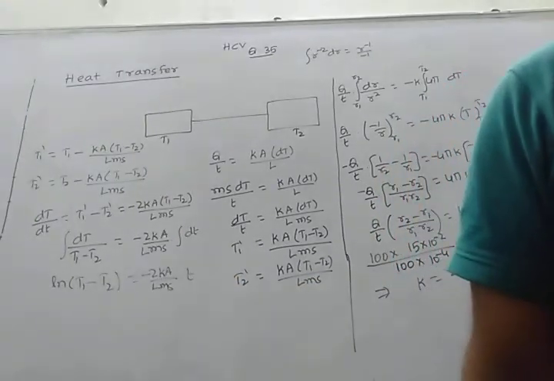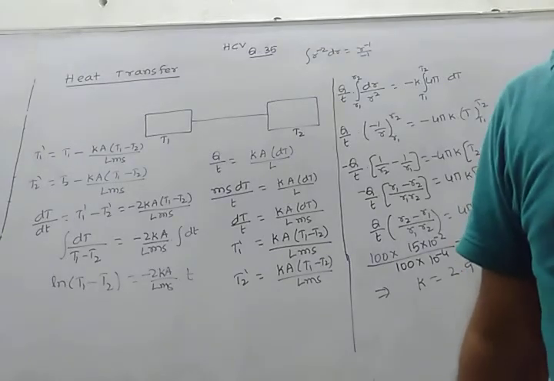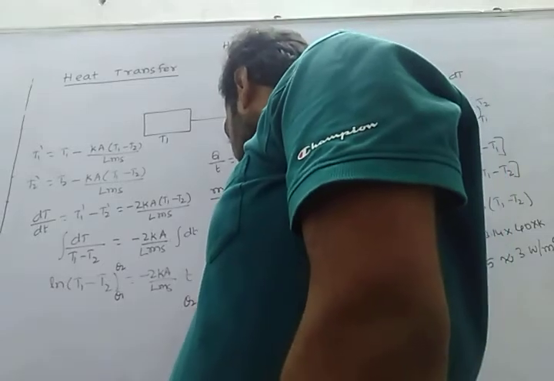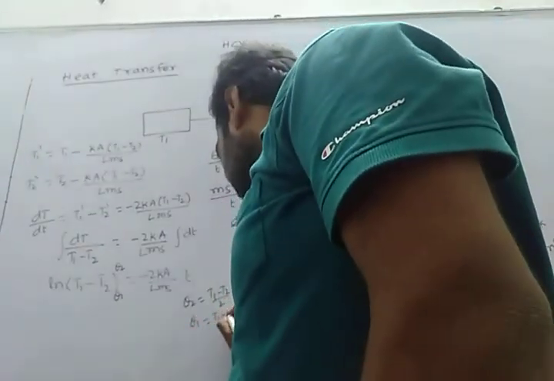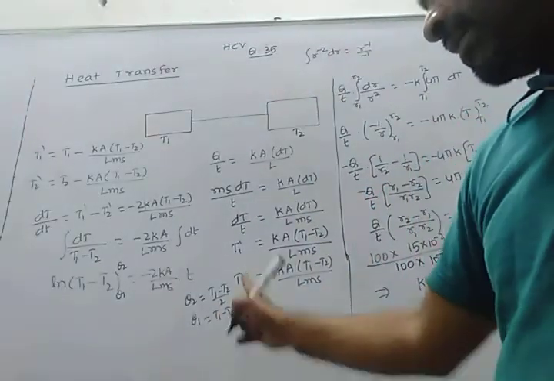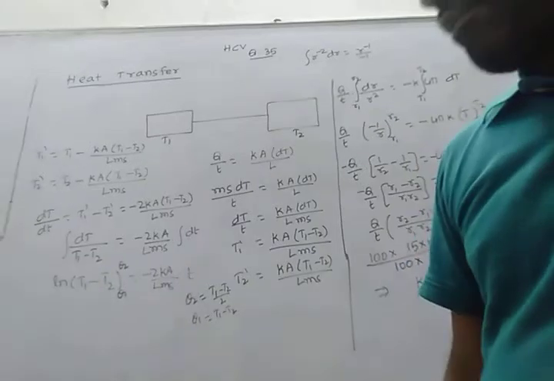We know the limits: let us consider theta 1 and theta 2, where theta 2 is equal to T1 minus T2 by 2 and theta 1 is equal to T1 minus T2.